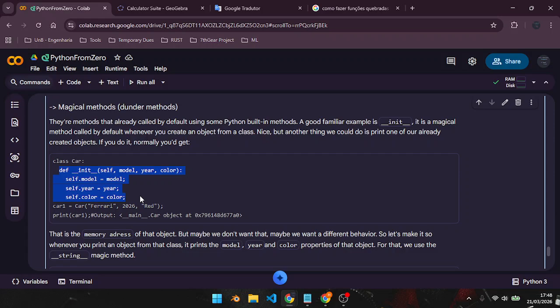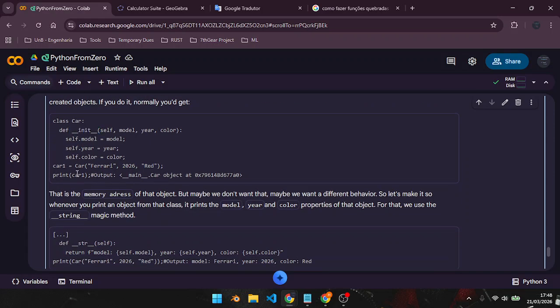But notice how I never called init anywhere else here, never did car.init, because Python does that automatically for you whenever you create an object. So that's a magic method. And then you might think that okay, that dunder init is the only magic method, but it's not. There's a ton of other ones that are just not defined. And if you need to have a specific behavior for your class, you can define them to do something.